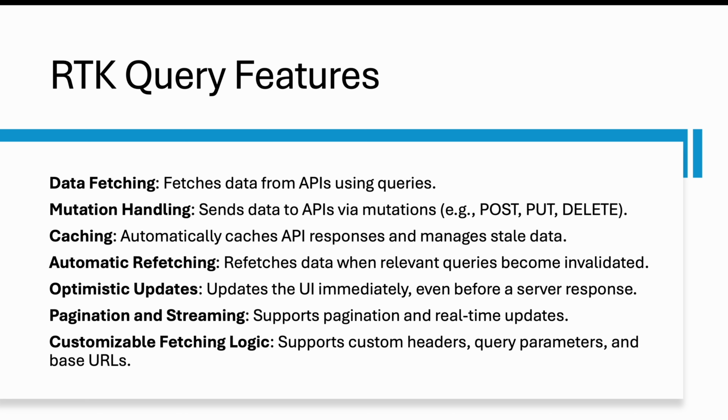Then automatic refetching, which happens when relevant queries become invalidated. When the data is irrelevant or invalidated, you must get fresh data from the API again. That is also taken care of out of the box when you're using RTK Query.